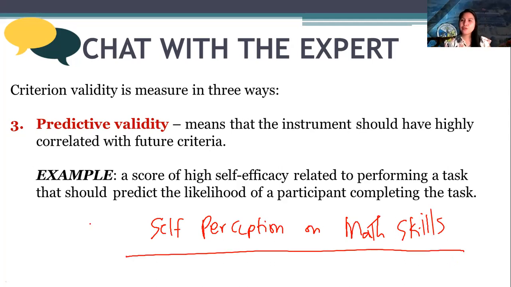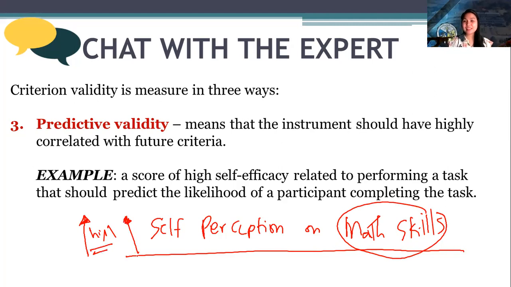For example, if I perceive myself to have a high level of math skills, will it be seen also in my examination scores in math? Or if my teacher will test my math skills, will the questionnaire correlate with the data?